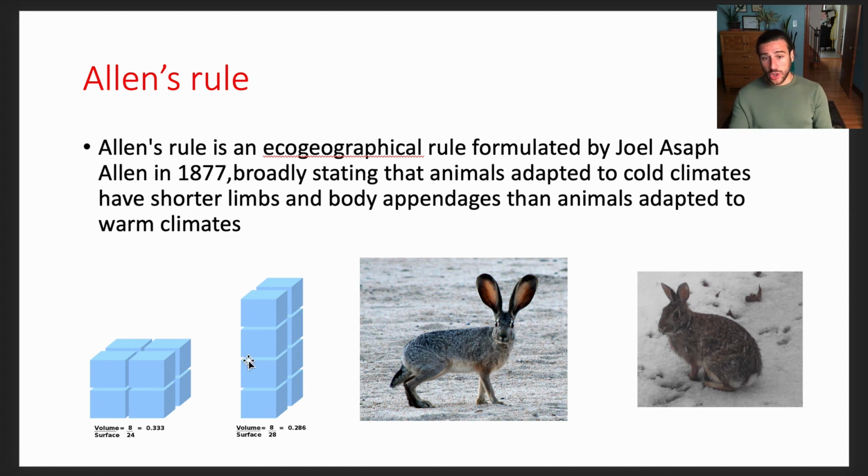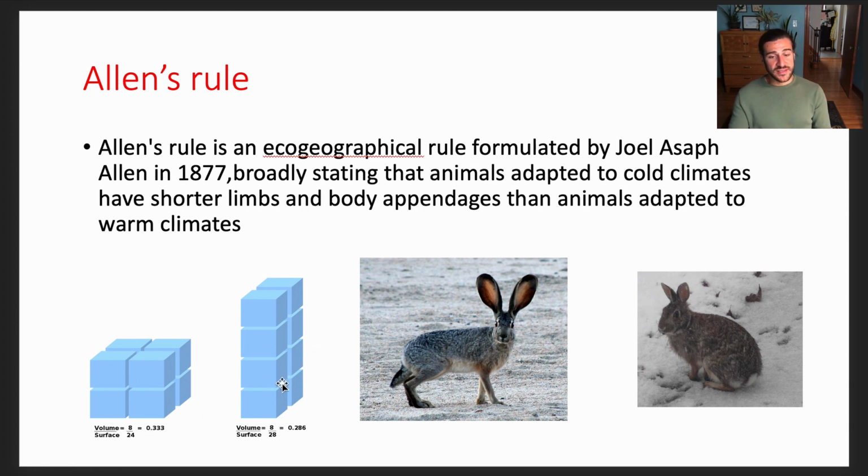And just look at here. This is a great representation of surface to volume ratio. So look, we have this cube and this rectangular prism here, they're made up of the same volume, right? So the volume is 8 of these cubes. However, they have much different surfaces.